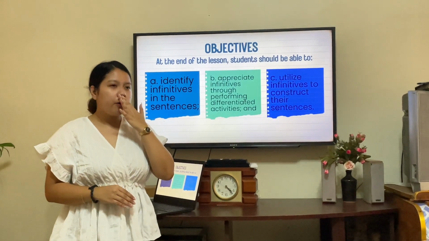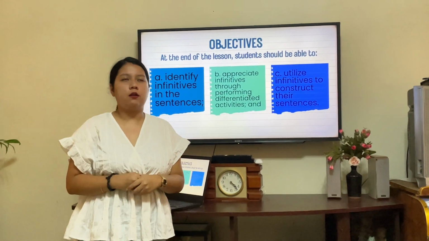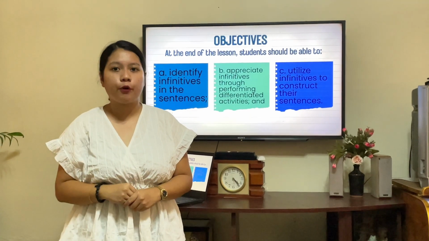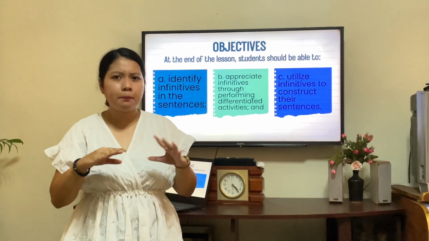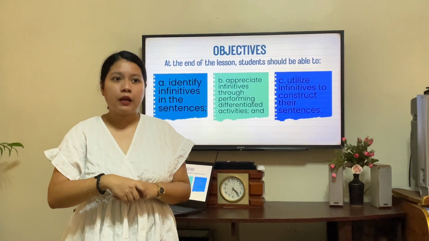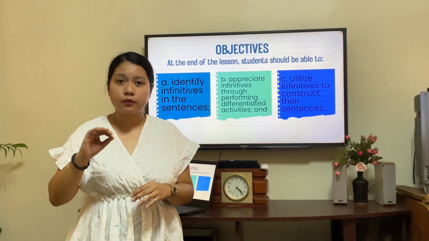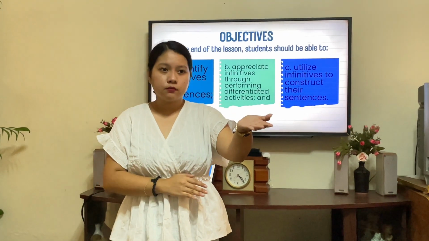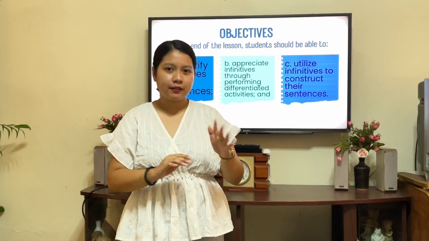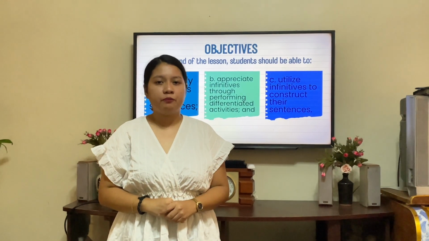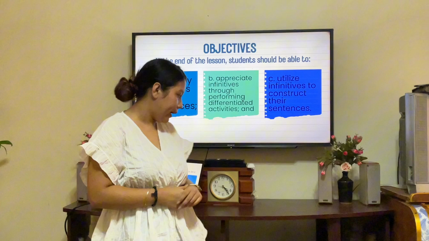So, who can give me the definition or your idea about base form of a verb? Or just base form? I see, you said without S. It's like a root word, okay? That's also good. All your answers about base form are actually correct.